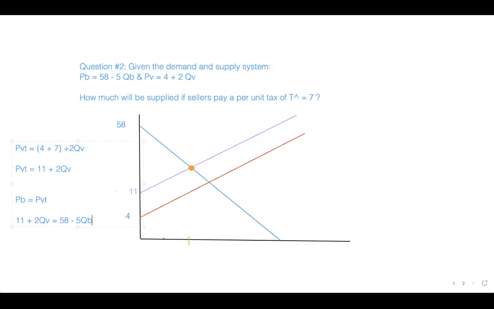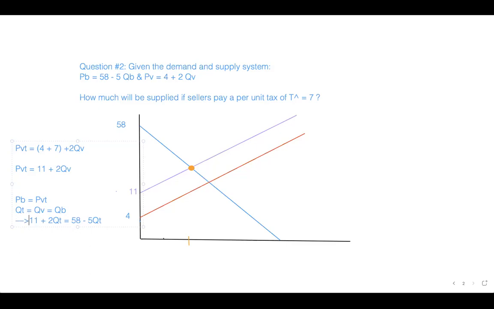And because we know we're looking at the equilibrium quantity, the after-tax quantity is going to be the same for QS and for QB. So we can just substitute the same variable name.